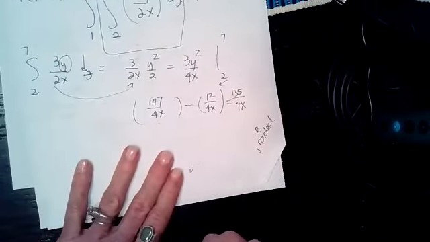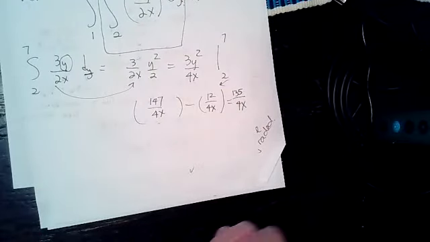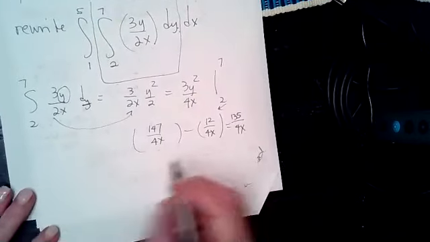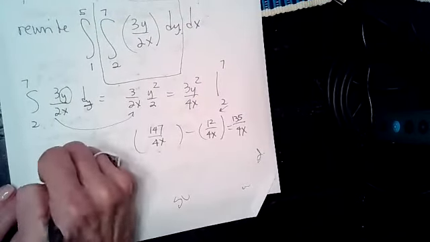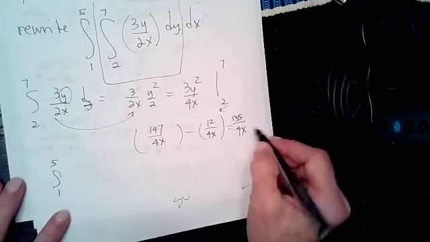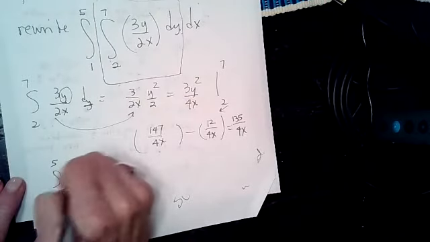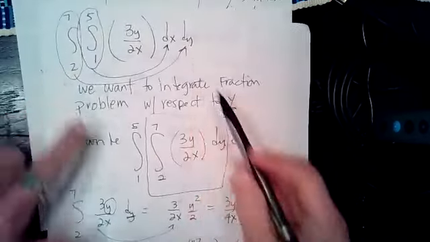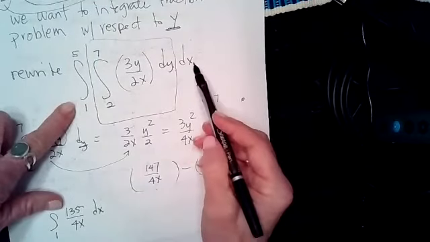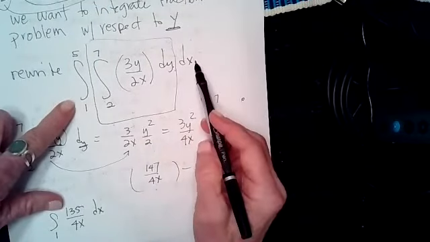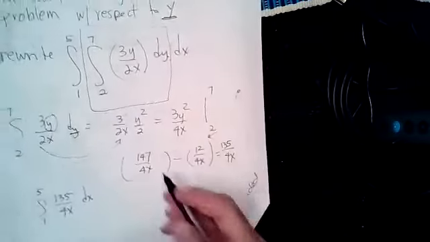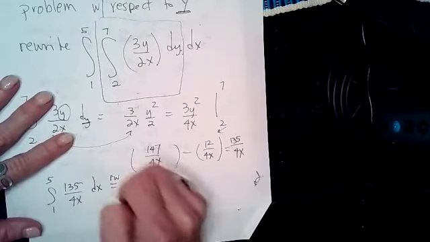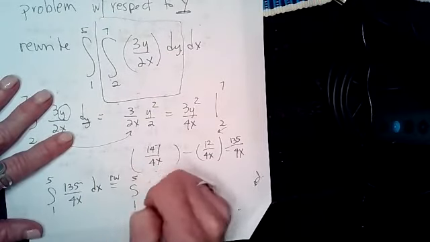over 4x. All right, so in this fraction, we'll always end in an ln because you're going to integrate from 1 to 5. Okay, 135 over 4x with respect to x, because that's the n, right, when I rewrote it. So it was whatever you get here from 1 to 5 with respect to x. And so I have to rewrite it because I've got to pull that x up.